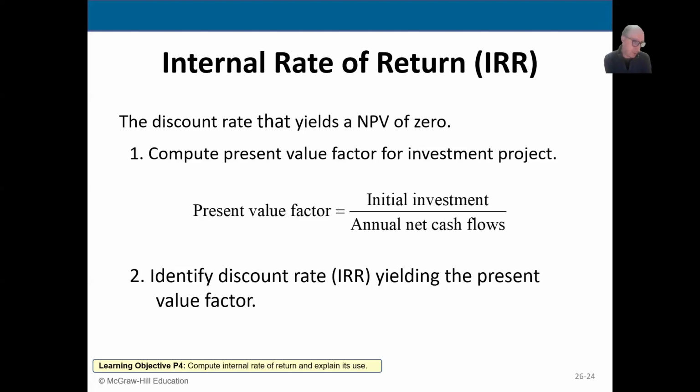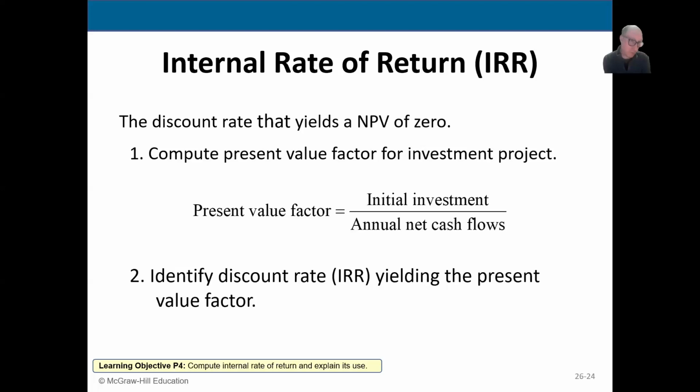What we do is we subtract the initial investment from the total present value rather than add it to, because we consider this to be a discount rate.